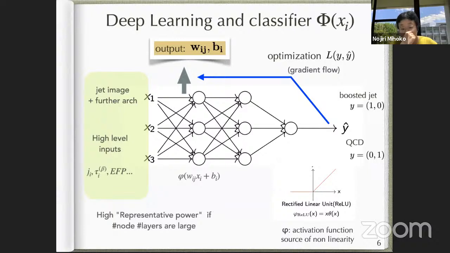Deep learning is something like this. You have input, and then you have a function like this corresponding to each node. Here, the Wij and Bj are just numbers assigned initially, and this phi is the activation function.